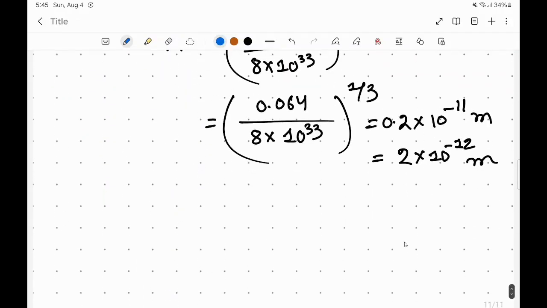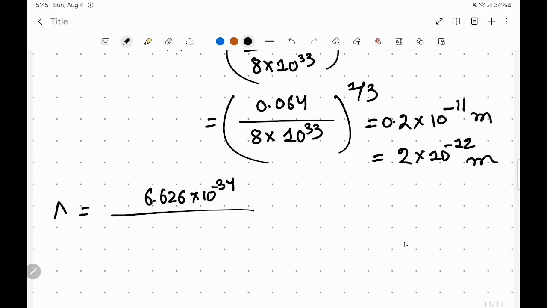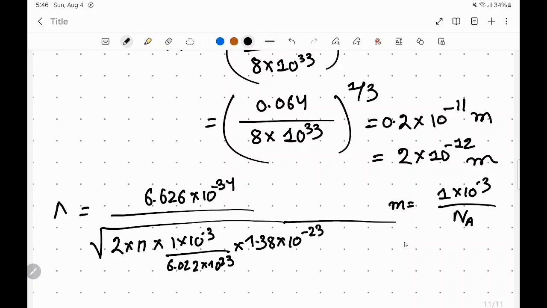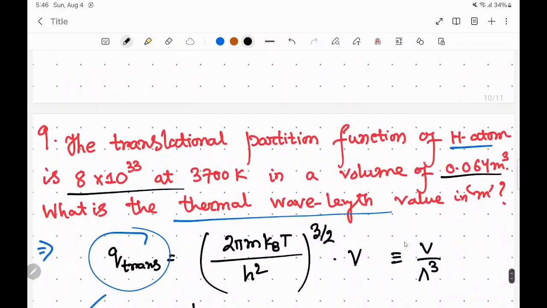Let me also do it. h divided by root over 2 pi m k_B T. h is 6.626 into 10 to the power minus 34. m for a hydrogen atom is 1 into 10 to the power minus 3 by N_A. T is given, 3700.